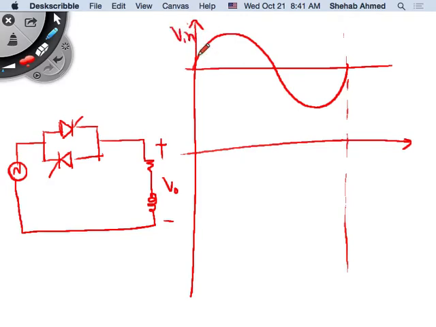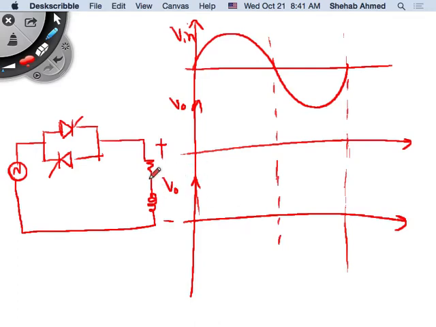This is V input. I want V output. And obviously we should know by now that it's always important in RL type circuits to draw the current. I hope we know that by now. And I will provide firing angles similar to before, for device 1, device 2. So what does the output voltage look like, and what does the output current look like?